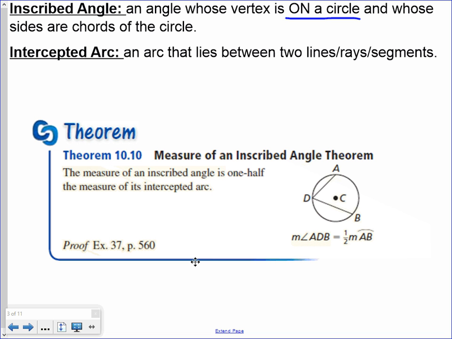And then you're going to hear me say intercepted arc, most likely. So the intercepted arc, you should probably write that down because it's on your test. But I'm going to add in something here. It's the arc that the angle intersects. So basically, your intercepted arc is the piece of the circle that the angle is cutting off.